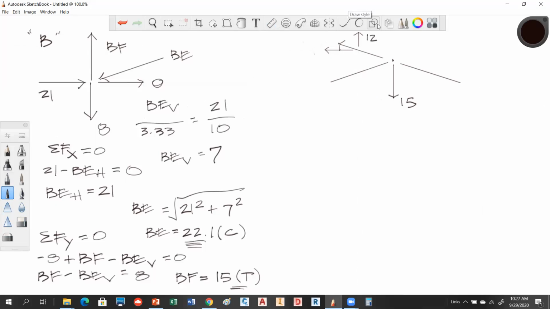Yeah, this member right here is GF. Yeah, it was 12. Okay. I'm going to put this. This is GF. So what was the horizontal component of GF? 36. 36. Okay.